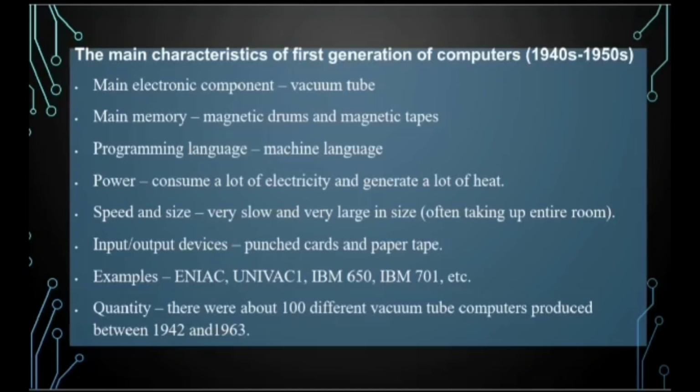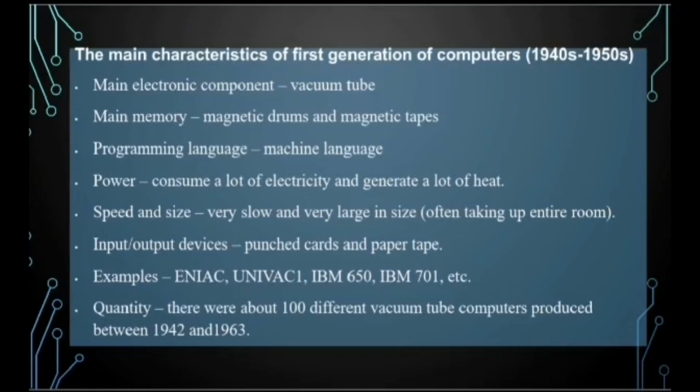Main memory: magnetic drums and magnetic tapes. Main memory, also known as RAM, random access memory, plays a crucial role in a computer's functionality. Magnetic drums and magnetic tapes were early forms of main memory used in early computers.